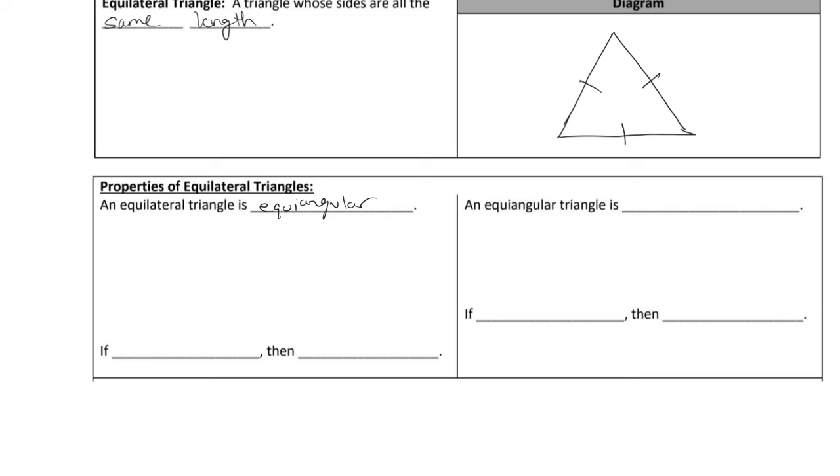Well, that's just saying, if a triangle is equilateral, then it's equally angular. So if all the sides are the same, which means it's equilateral, then all the angles are the same because it proves that they're equally angular.